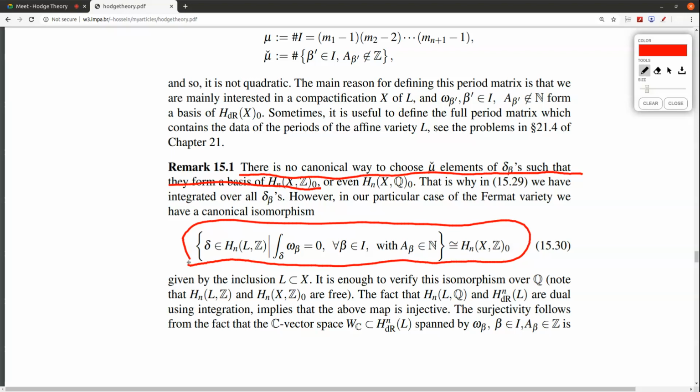Anyway, this becomes isomorphic exactly to the primitive part of the homology. This means that in order to get rid of cycles at infinity and to take a unique representative of the Hodge cycles, we may ask also that the integration of omega beta with a beta integer also be 0.